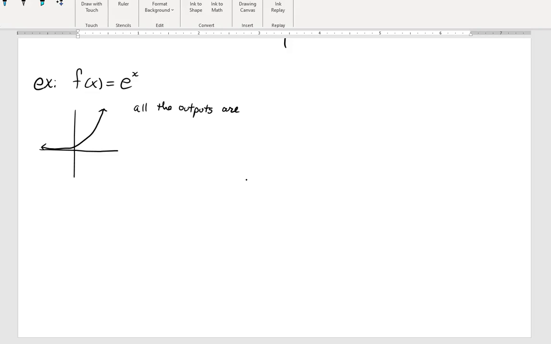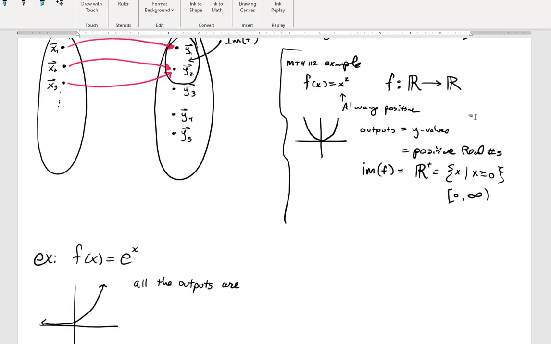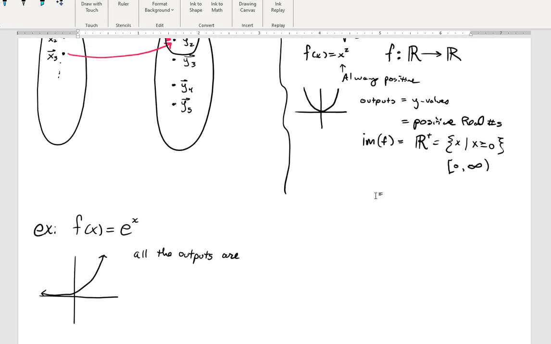When I take e to a power, I always get a negative number. E is 2.7 something. When I raise 2.7 something to a power, I get a negative number. They're all positive. Now there's a slight difference in this one and this one. All the outputs are positive.